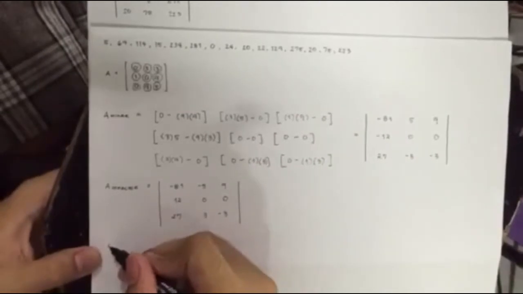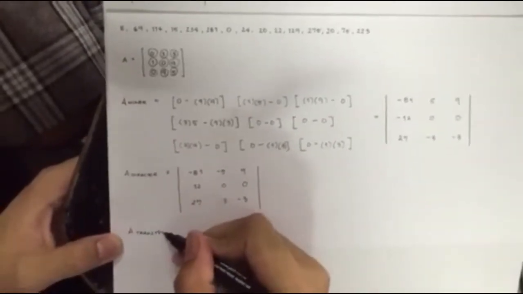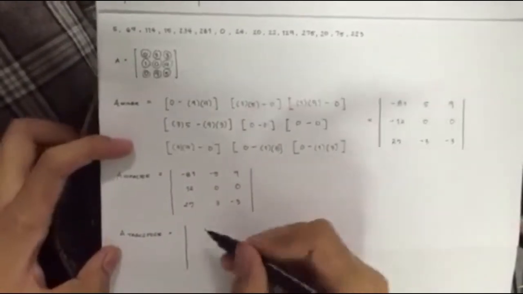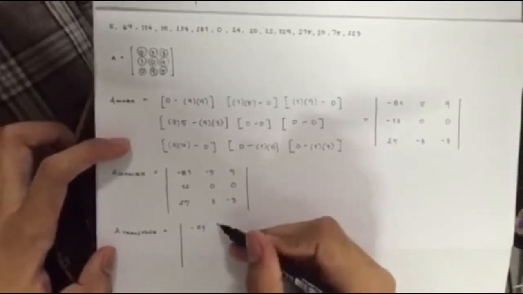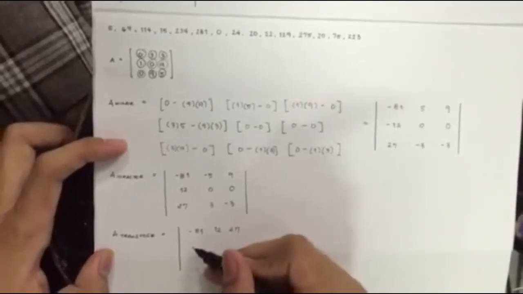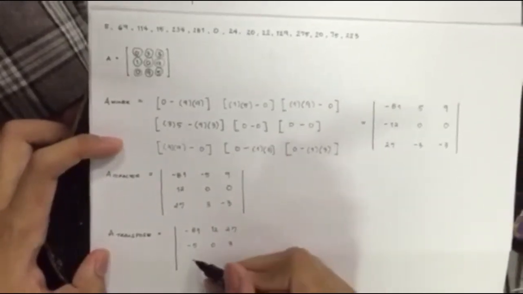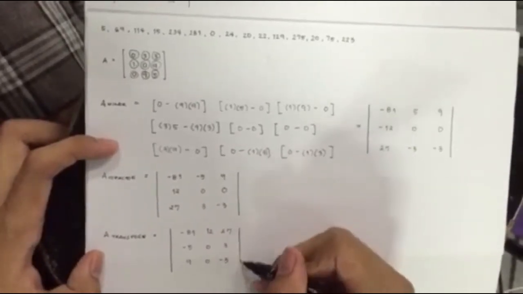Then we would get the A transpose. Negative 81, 12, 27, negative 5, 0, 3, 9, 0, negative 3.